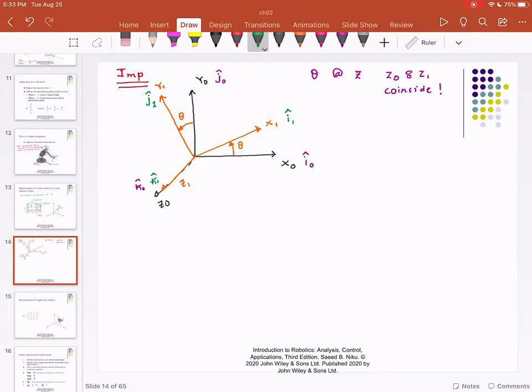What I want to do is find out the projections. So I'm going to drop vertical lines. I drop a vertical line here, and I drop another vertical line over here.